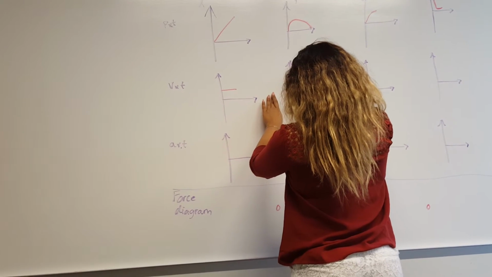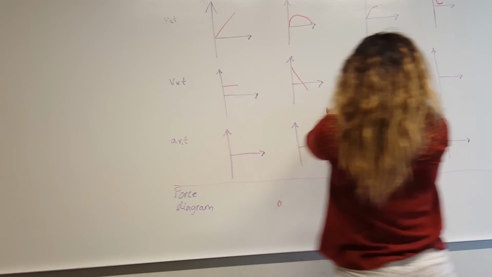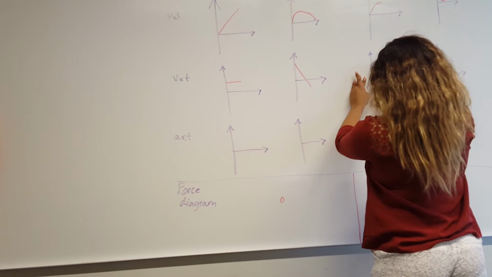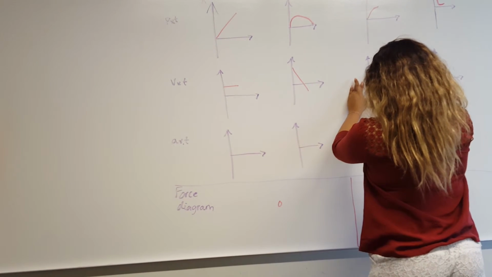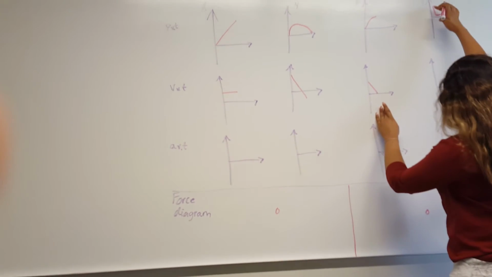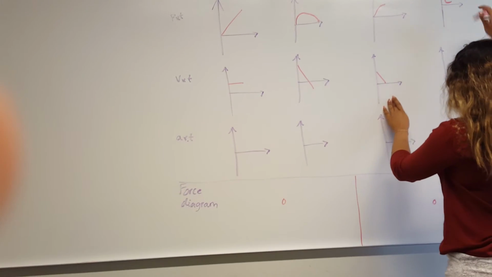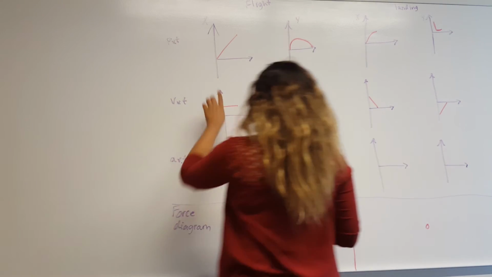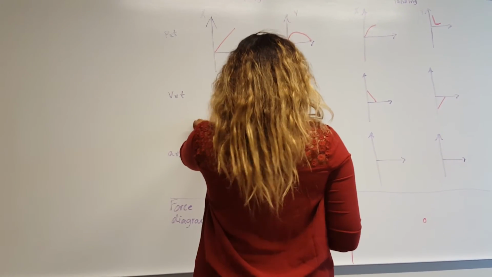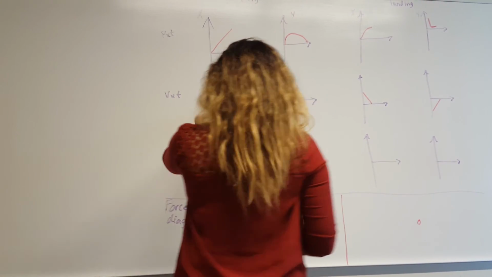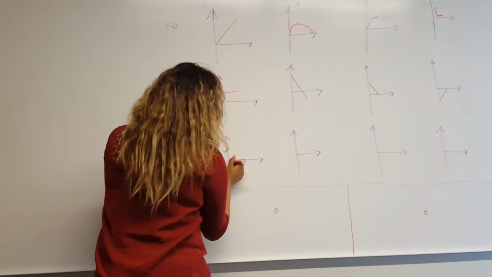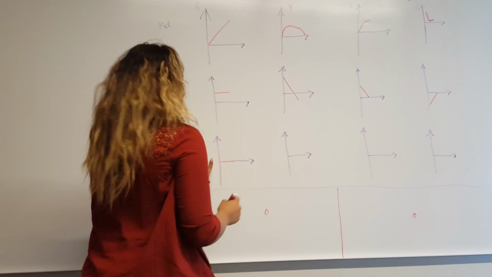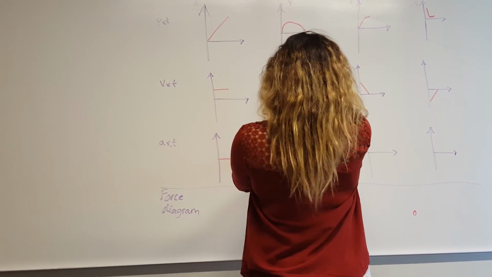So that's going to look like this. And this one, like that. And this one's going towards a negative, so that's like that. And then this one, here, it's constant.